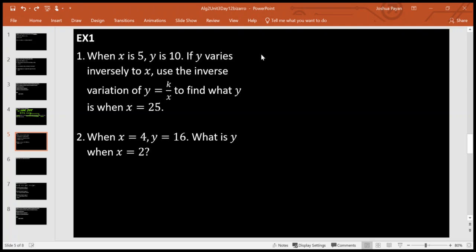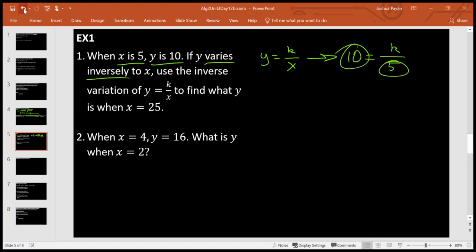So I'm going to go ahead and just write out y equals k over x, because we're told that x and y vary inversely. And the next thing I'm going to want to do is just plug in. So I know x is 5, and I know y is 10. So whenever x is 5, y is 10.